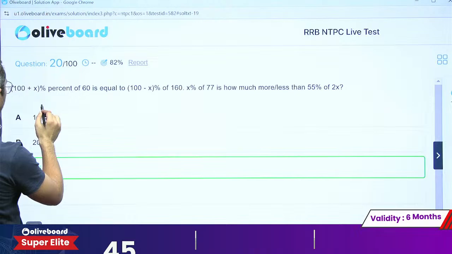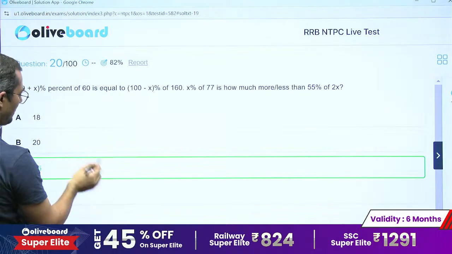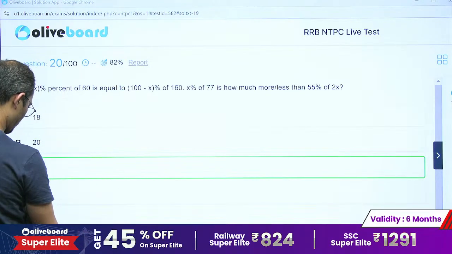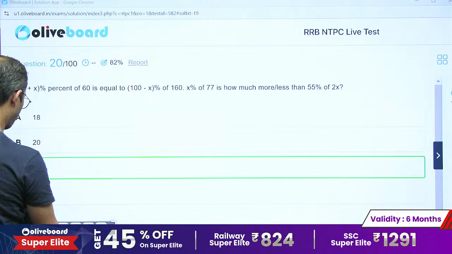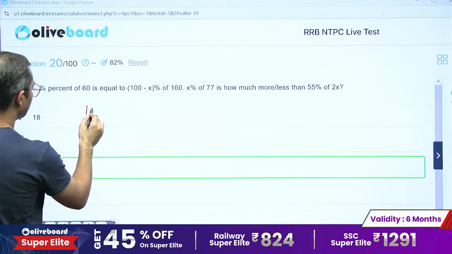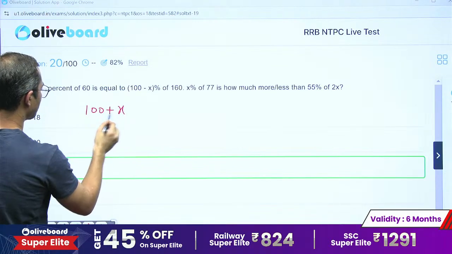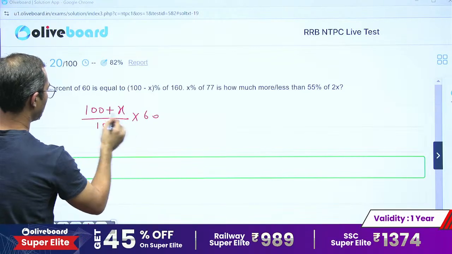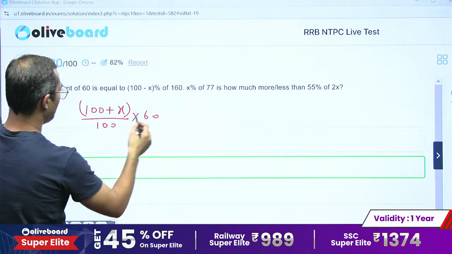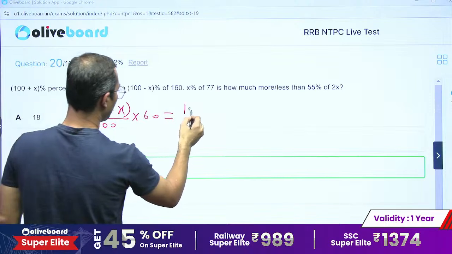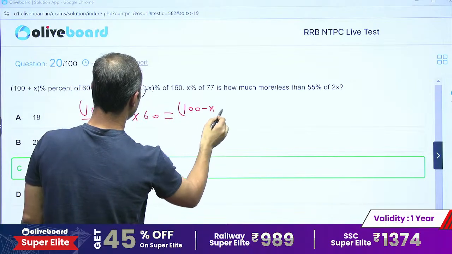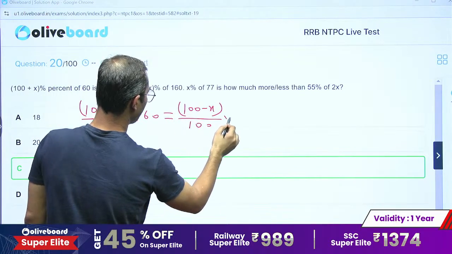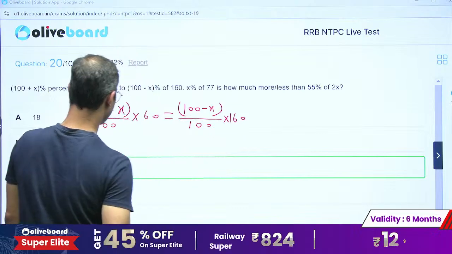There is a mistake. See, 100 plus x% of 60 is equal to 100 minus x% of 160, right? This is the case.